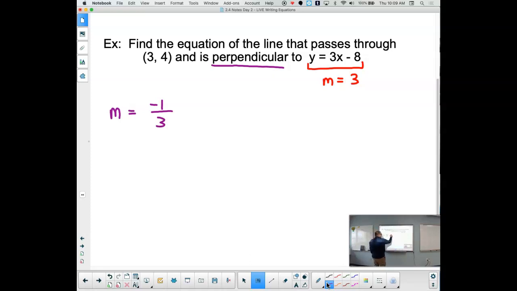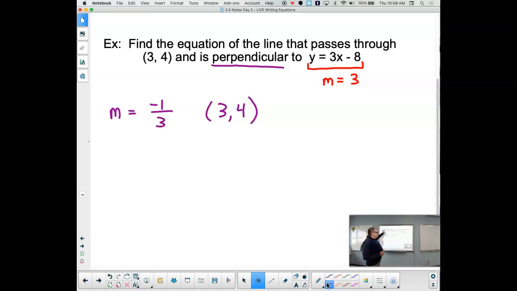And I'm going to use the point (3, 4). Now it becomes just like a problem you had yesterday: given a point and a slope, find the equation of a line.